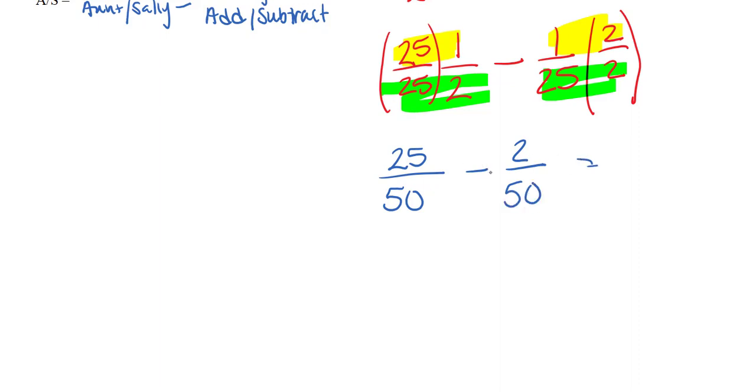So we have 25 minus 2, because we only subtract what's on the top, and we keep our denominator of 50 on the bottom. 25 minus 2 is 23, and that's over 50, and that would be the reduced fraction. We can't reduce it anymore. So now let's look at the next example.